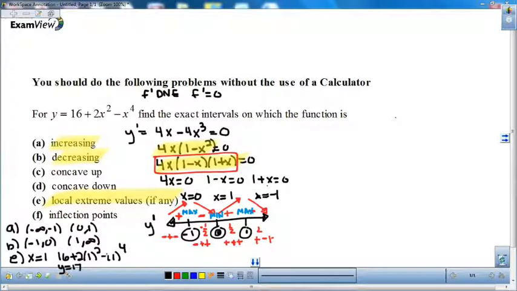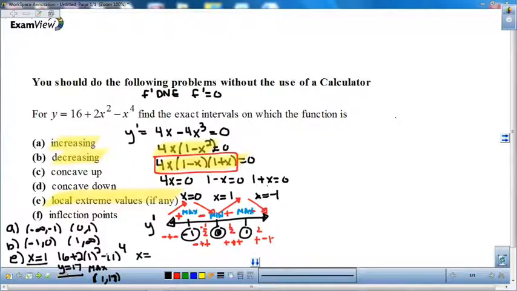This is going to be 17. So my max, I can write it as a coordinate, 1, 17, or I can say my max is 17 and it occurs when x is equal to 1.